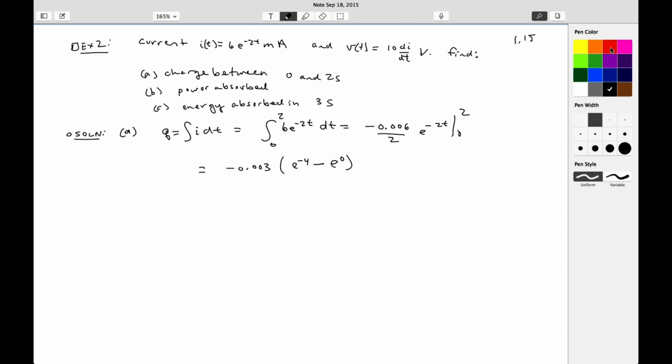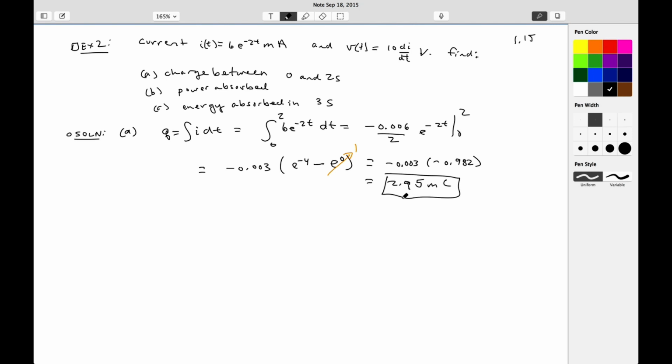And we know that e to the 0 is equal to 1. All right, so it's going to equal negative 0.003 multiplied by negative 0.982, which is equal to 2.95 millicoulombs.